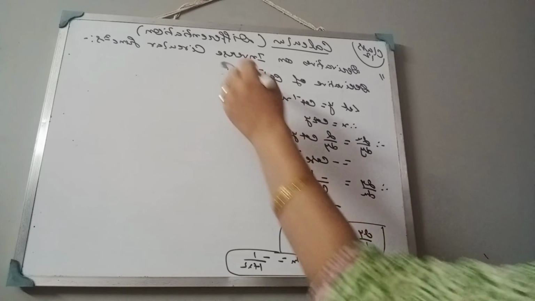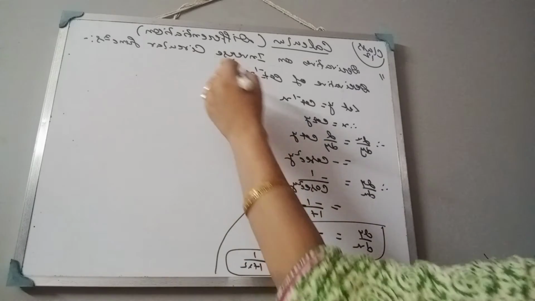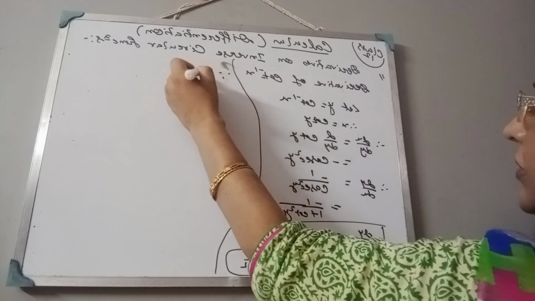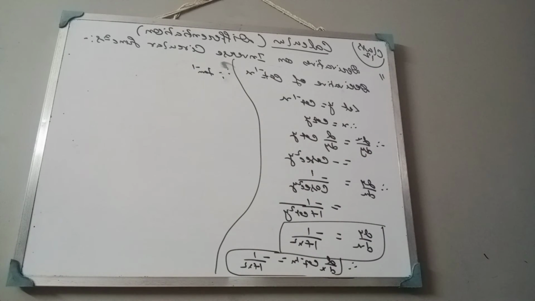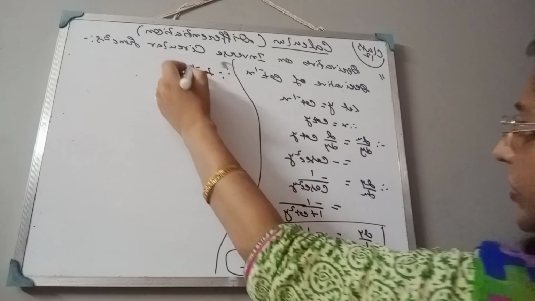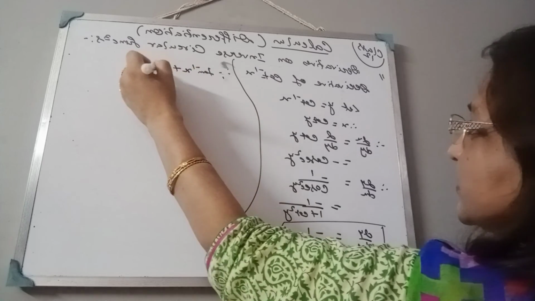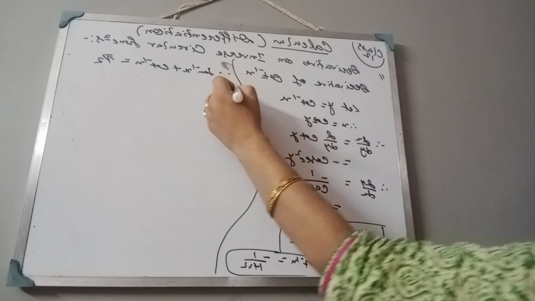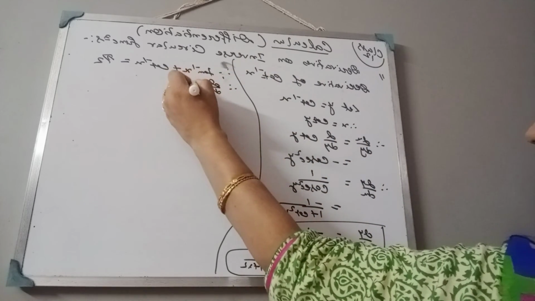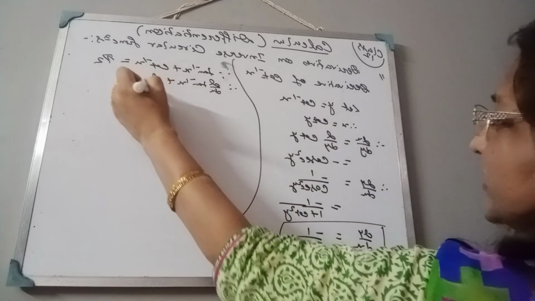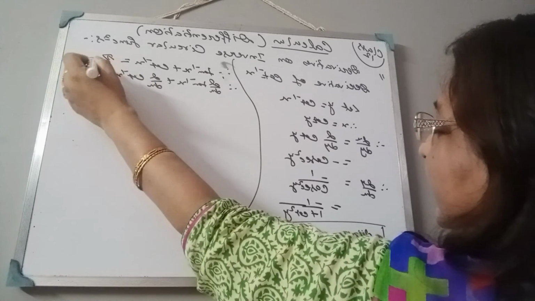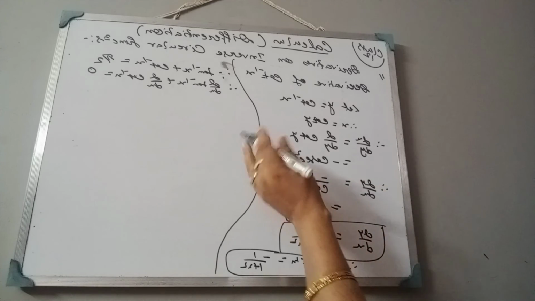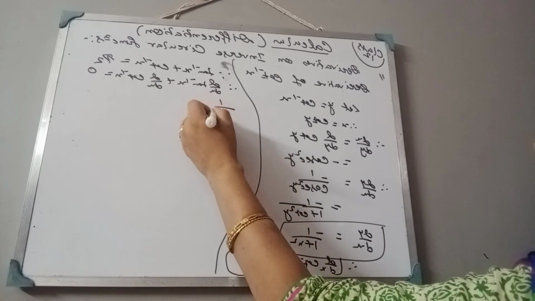Or we can find cot inverse x in another form also. From the inverse circular functions, one formula is there: tan inverse x plus cot inverse x is equal to pi by 2. Therefore d/dx of tan inverse x plus d/dx of cot inverse x equals d/dx of pi by 2, which is obviously 0 as it is a constant. And d/dx of tan inverse x we already have, that is 1 by 1 plus x square.